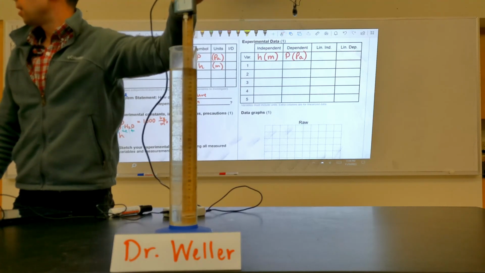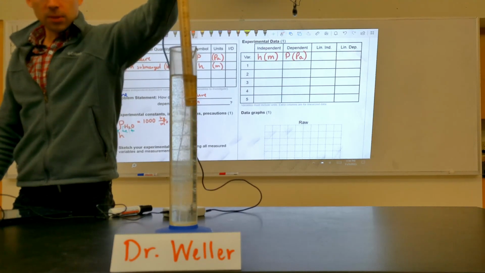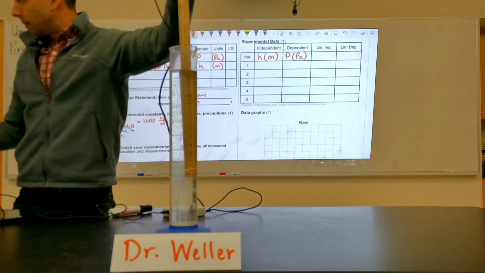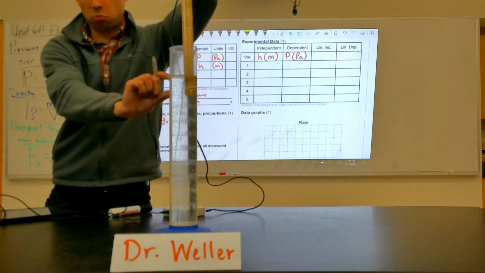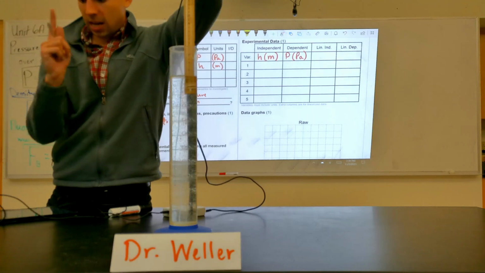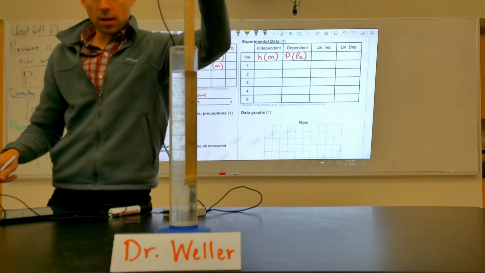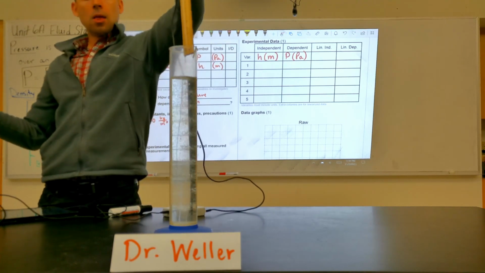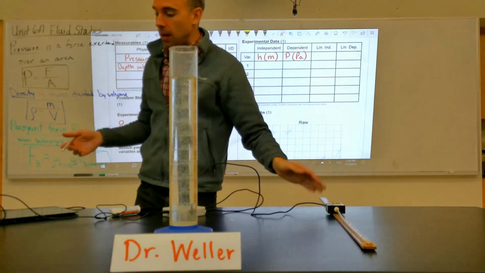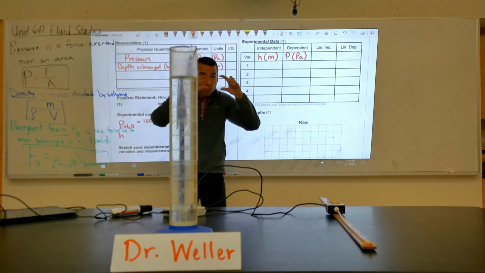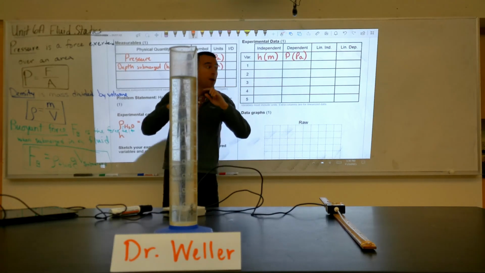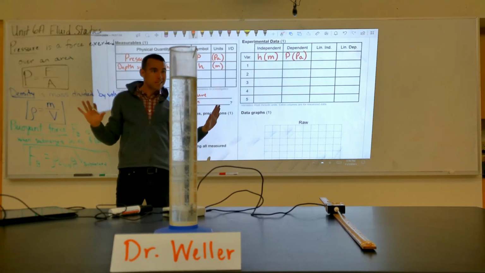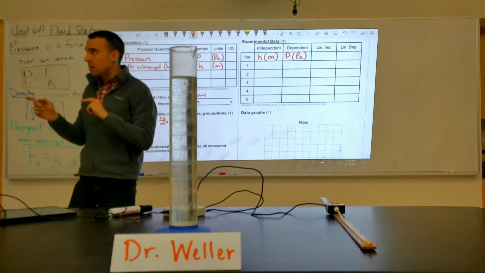Here the depth is 2 centimeters, and that's like your first data point in this data table, and then you're going to go down to like 20 at some point. So the height will be changing this time. My main point is, it was a constant last time because we always put them at 7.5 centimeters deep, but this time it is our independent variable and it will be changing, so it's not going to be a constant in this experiment. But I'm glad that someone said it so that I could go through that.